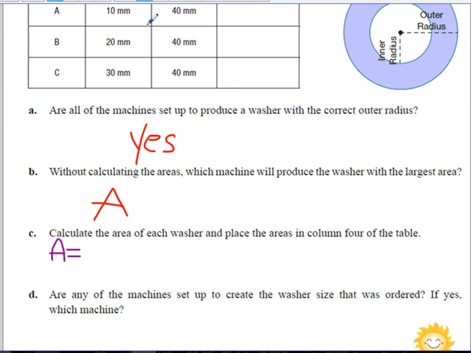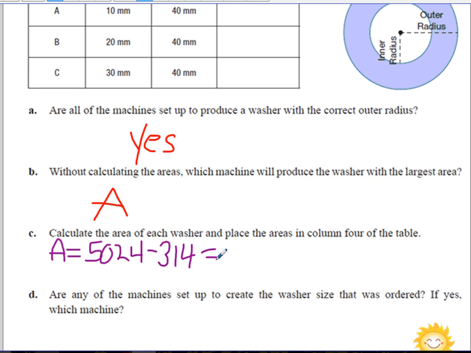The area of the larger one, which is 3.14 times 40 squared. Again, that's the radius, so we don't have to divide it by 2. So 3.14 times 40 squared would be 5024. So 5024 would be the area of the larger circle without it being punched out to make it a washer. And then we already mentioned it's 314 for the area of the 10 millimeter circle.